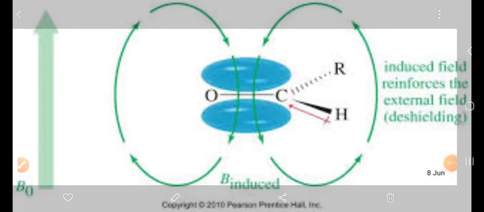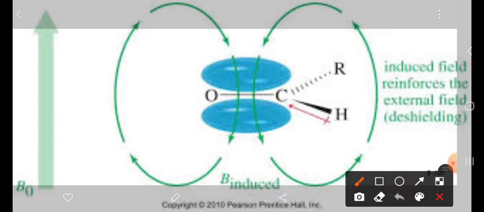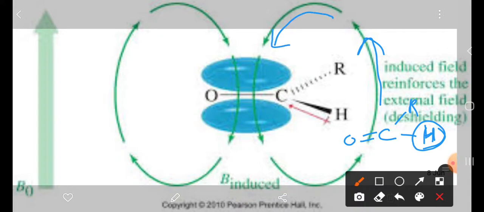In the same way, the second example, for example, C double bond O and H. Here this is called the carbonyl proton. This proton has the secondary magnetic field direction like that. Here this is the induced magnetic field direction.